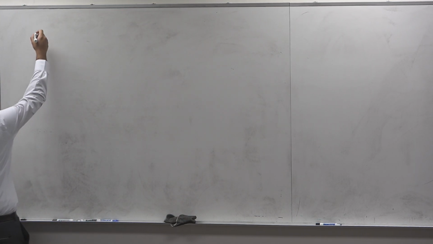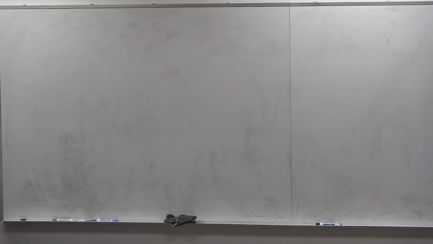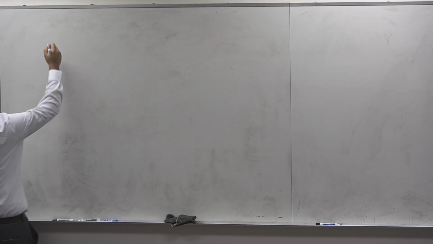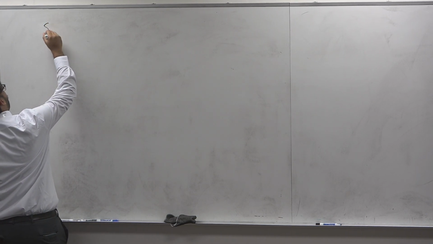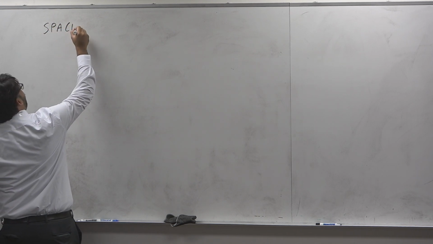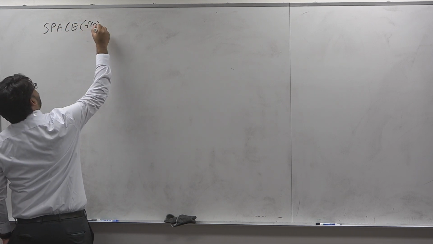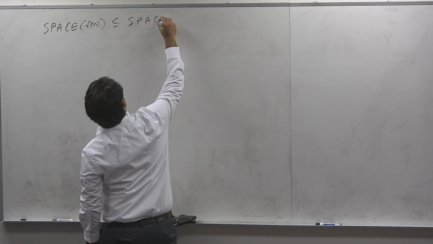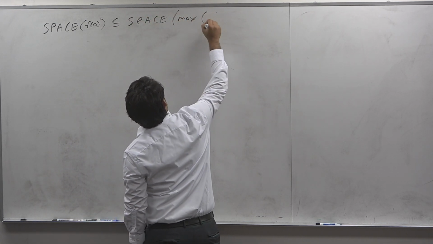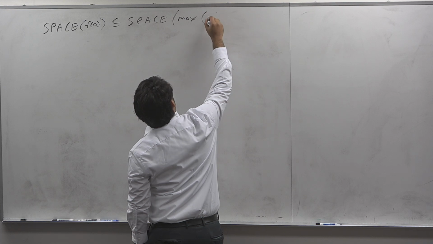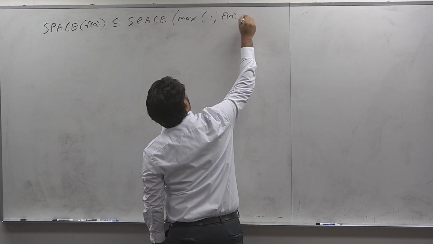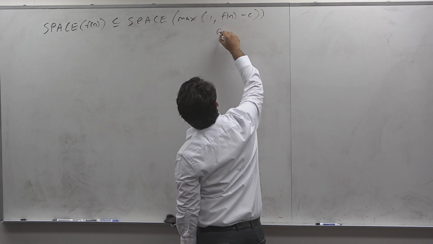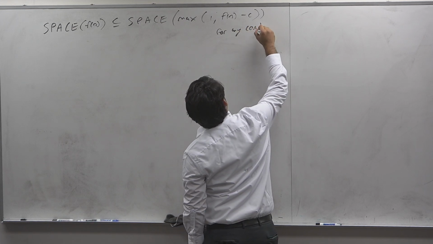Algorithms, I guess, were intuitively studied first, but only after the definition of the Turing machine did we really get the conception of algorithms. What we've already proven, I'm just going to remind us of what it is. You can prove that space of f of n can be sped up, quote unquote, or use less space than space of max of 1 comma f of n minus c for any constant c.